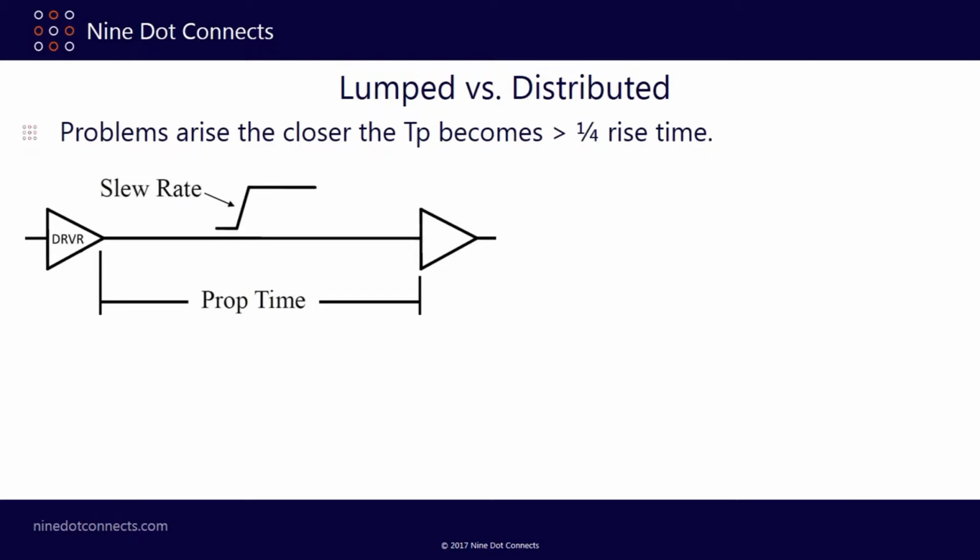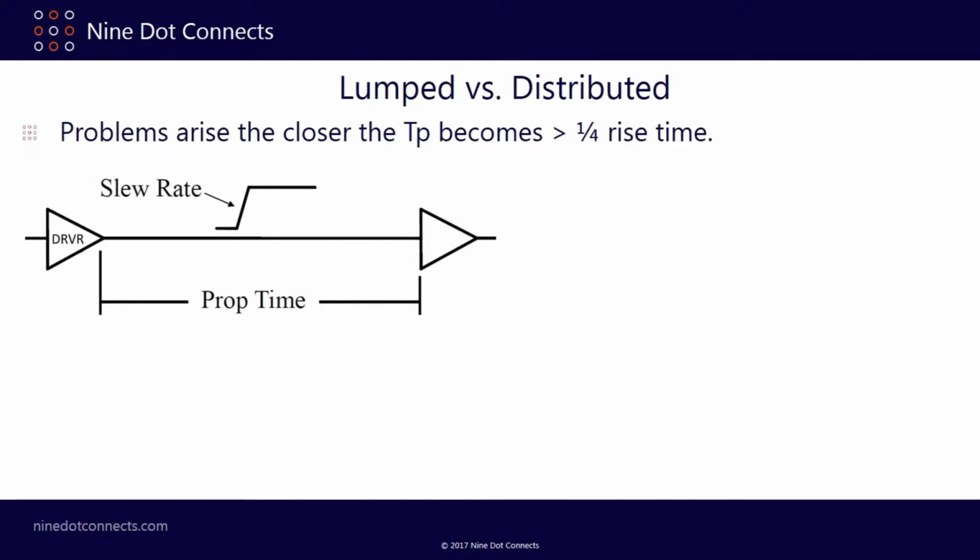The key here is problems are going to arise the closer that your propagation time becomes greater than 1/4 of the rise time. Now, if you remember from some of your basic electronics, you'll recognize that time inverted is frequency, and you'll recognize that 1/4 is significant because antennas can act very well when you're talking about 1/4 of the wavelength due to that frequency that it's trying to transmit.